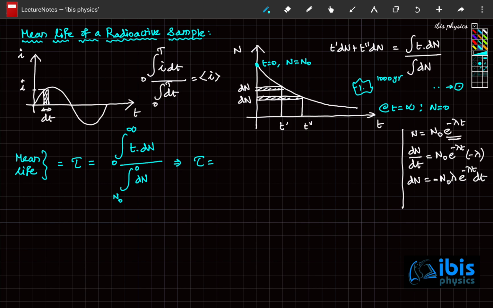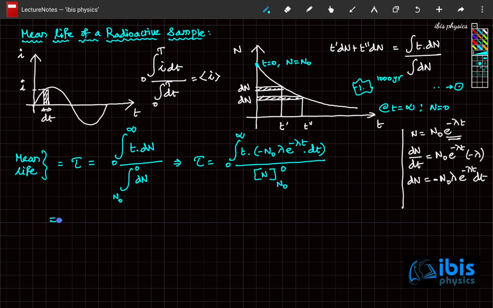So I'm just writing that integral t into dN is minus N0 lambda e power minus lambda t into dt, integration from 0 to infinity, whole divided by integral dN, that is N, to be integrated from N0 to 0.